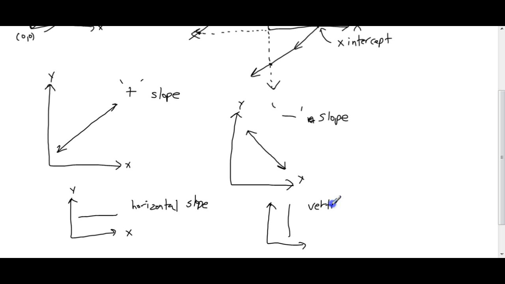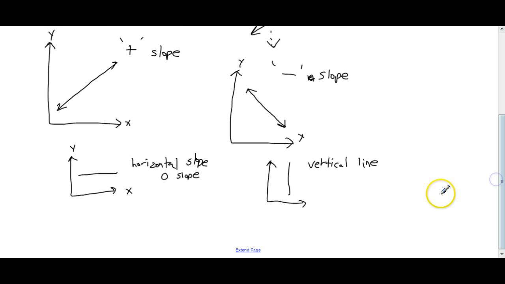This is a vertical line. So we have four situations here. We can have a positive slope, we can have a negative slope, we can have a horizontal line, basically, it's a horizontal slope, a zero slope, because it has no slope at all, and we have a vertical line.